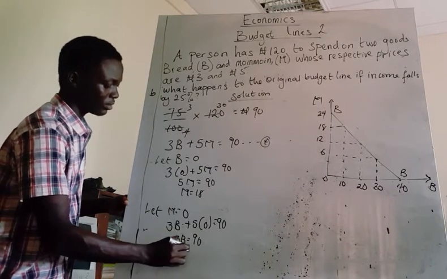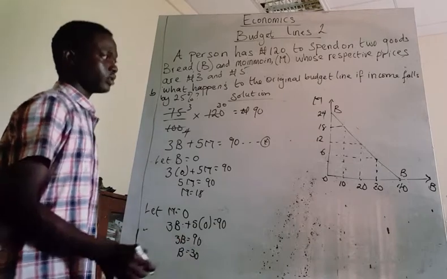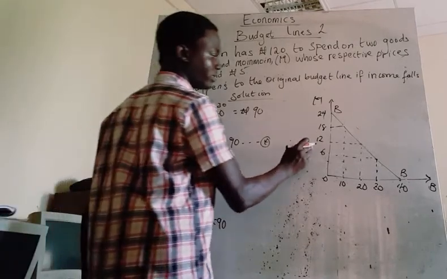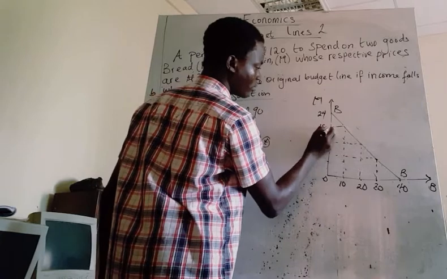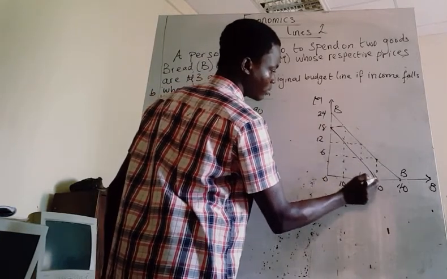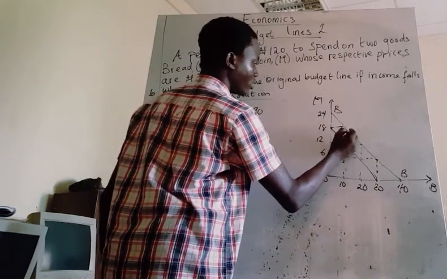Then B equals 30. So we have 18 and 30, and we plot them. This is the new curve.